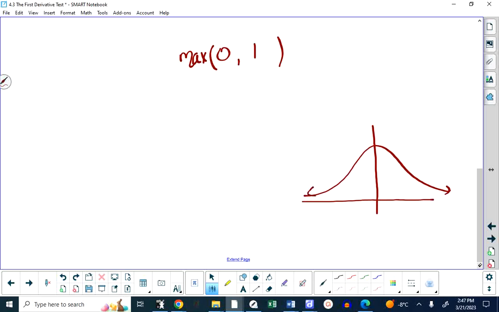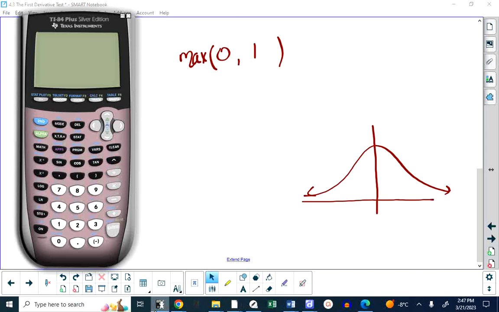I'm working out the details of it by looking at other features of the function. I'm looking at the fact that the x-axis is a horizontal asymptote because the degree on the top is smaller than the degree on the bottom. We'll deal with that in chapter 5. If we take a look at it here, and by the way, the y-intercept is 1 because that's where the maximum is.